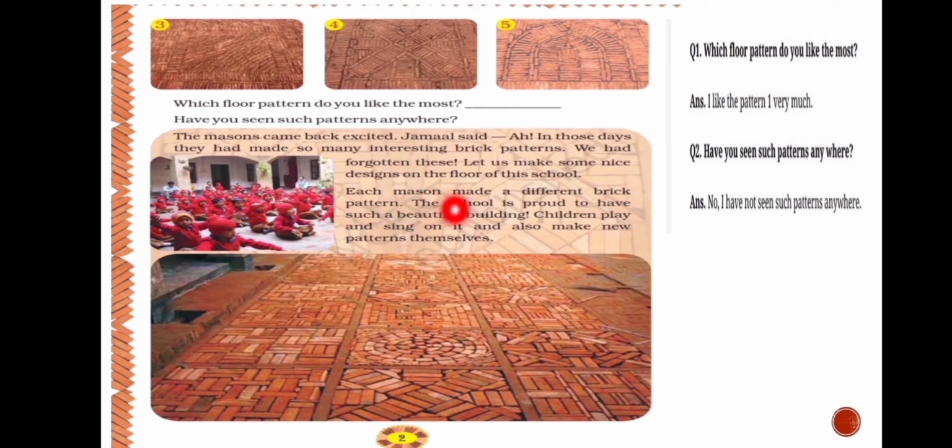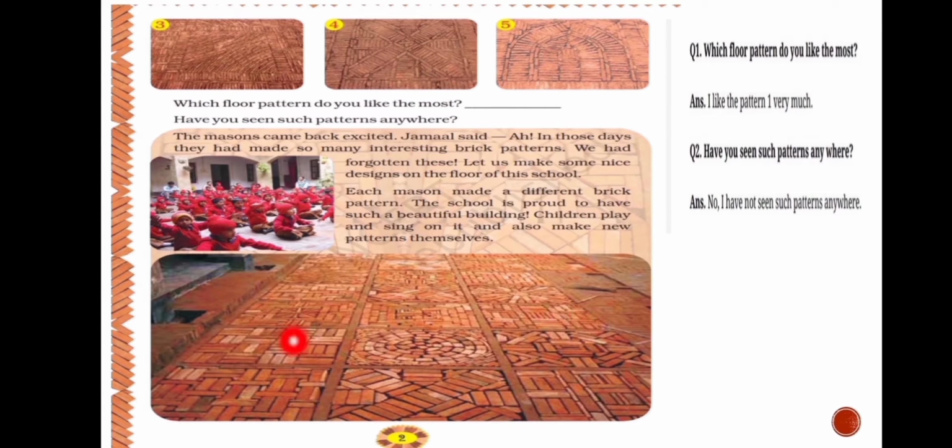Each mason made a different brick pattern. The school is proud to have such a beautiful building. Children play and sing on it and also make new patterns themselves. So those masons made different patterns in the school.